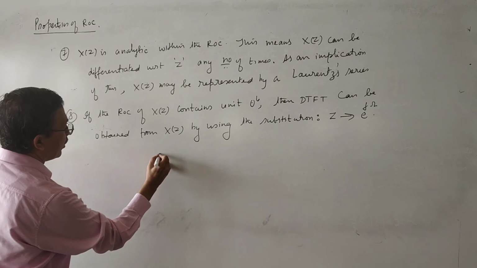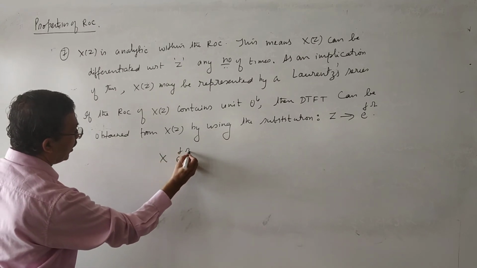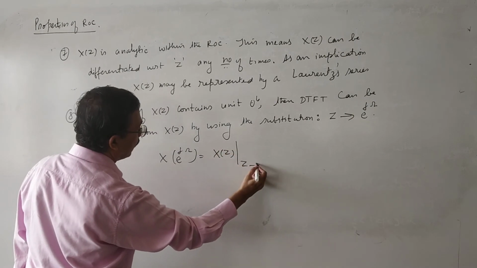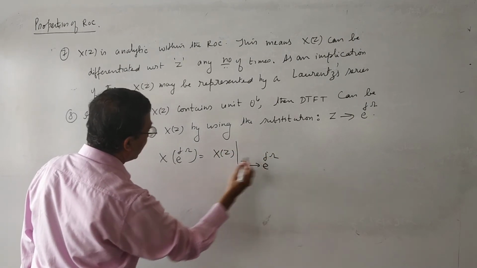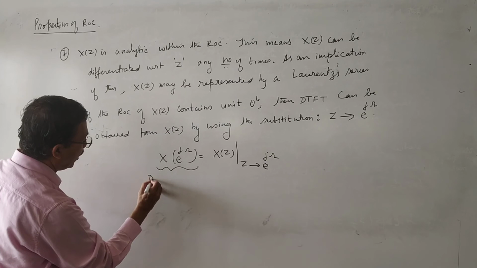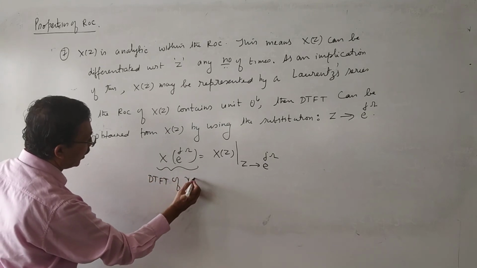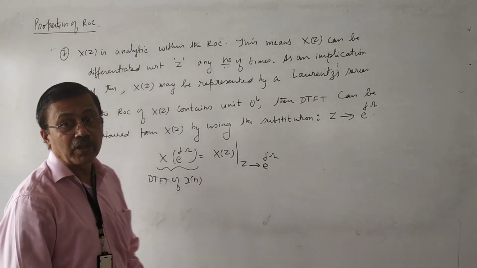That means x of e power j omega is the DTFT, which can be obtained from x of z by replacing z by e power j omega. This is nothing but the DTFT of x of n. Thank you. With this we conclude this session.